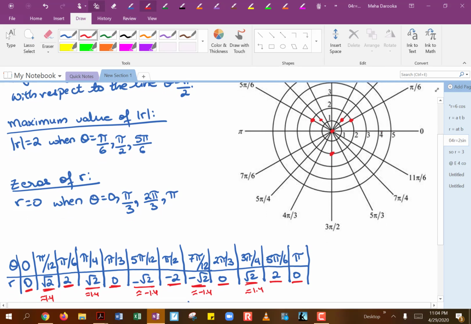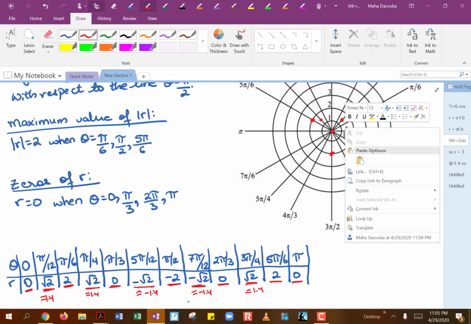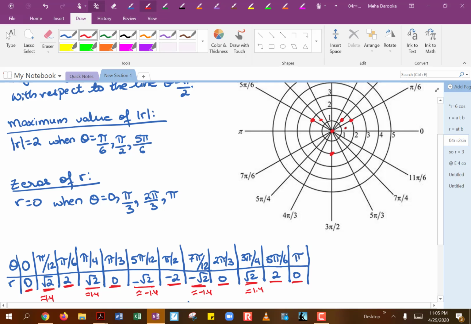Now if you did the pi over 12, that would actually be halfway between here. So you can just do a little point here for the divided by 12 measurements. Pi over 12, 5 pi over 12, 7 pi over 12, and those kind of numbers. And then these guys here would be 1.4 and 1.4.